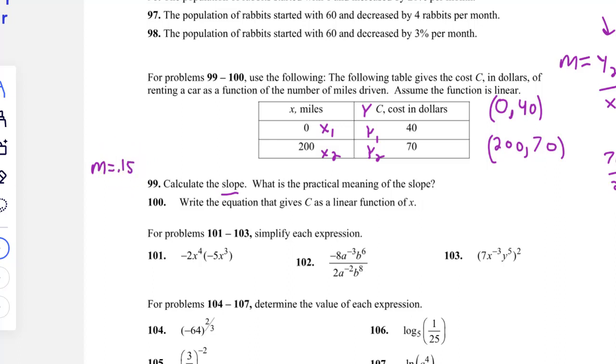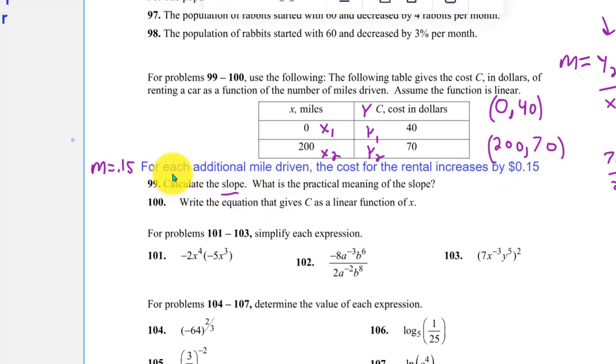So the practical meaning of the slope would be, for each additional mile driven, the rental cost increases by 15 cents, right? So every extra mile you drive, it costs you 15 cents, right? So that's not bad, 15 cents a mile. Okay, let me type that up. Right, for each additional mile driven, the cost of the rental increases by 15 cents, right?